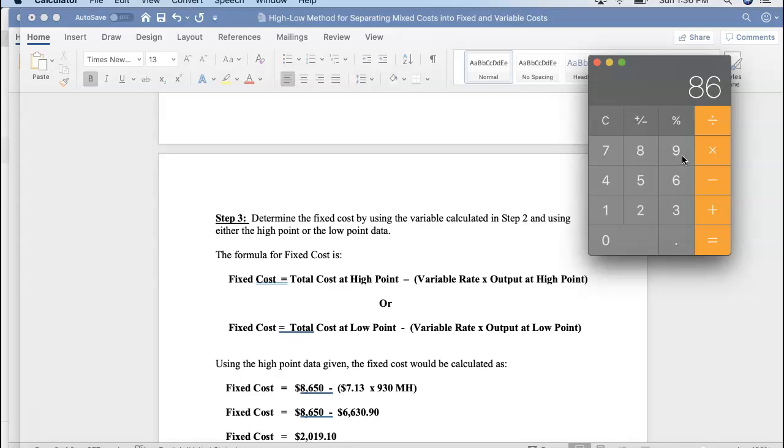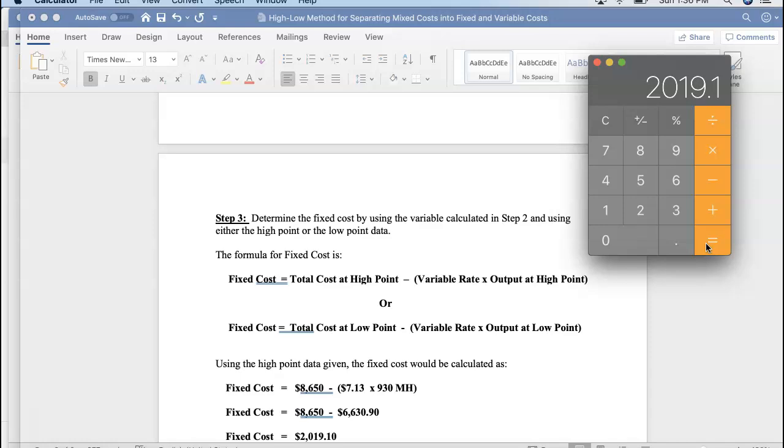So 8,650 minus 6,630.90. And that does give us $2,019.10. So what I like to do anytime I calculate a number using a formula, I like to go back and fill that in.